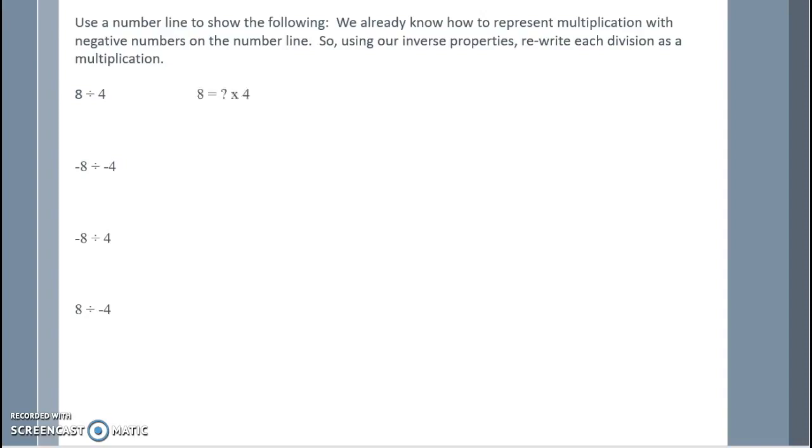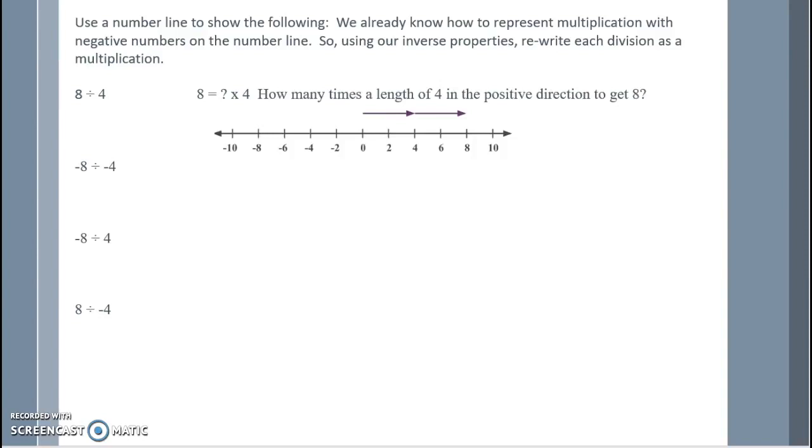So 8 divided by 4 is the same as asking 8 equals what times 4? So how many times a length of 4 in the positive direction to get to 8? Well, that would be 2 of them, positive 2.